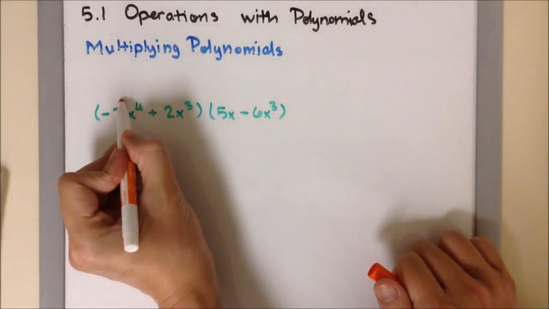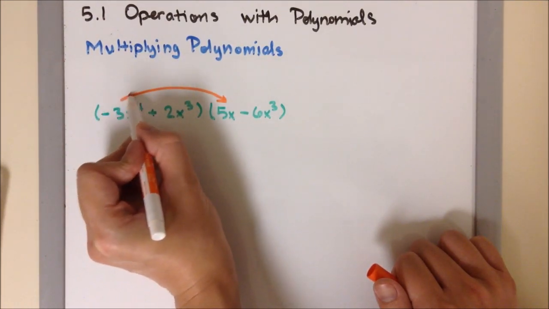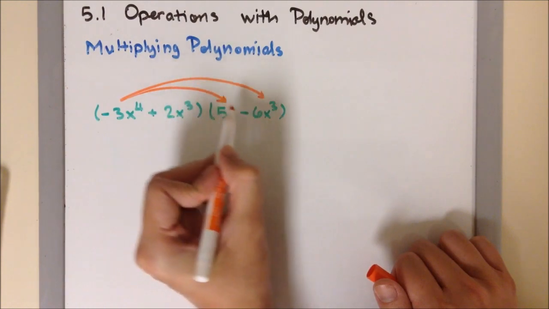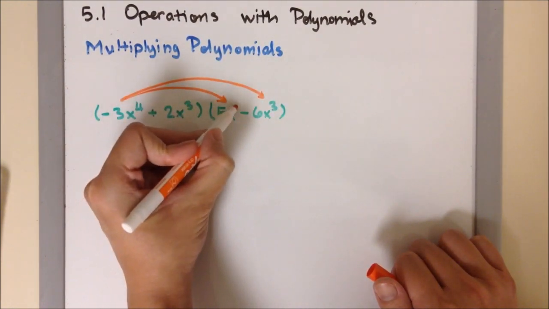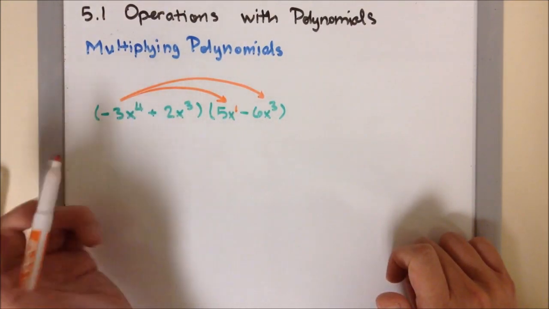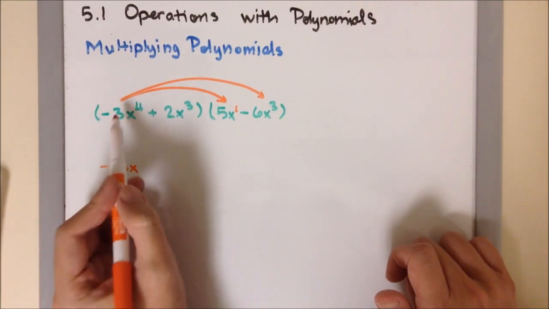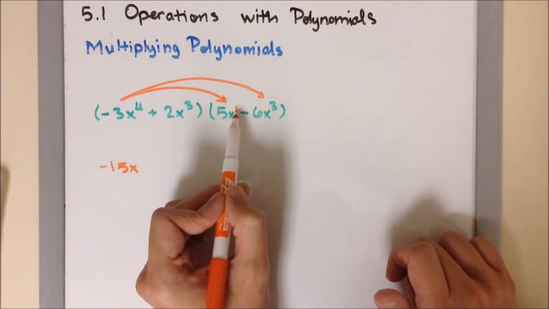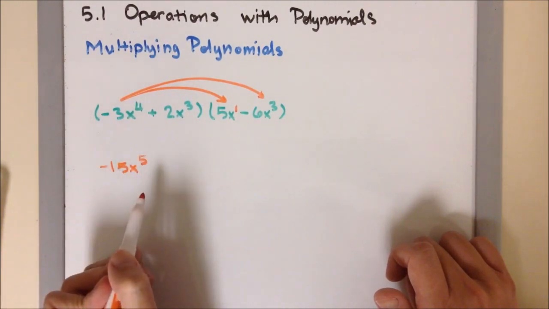So my negative 3x to the fourth is multiplying to 5x, and then my negative 3x to the fourth is multiplying to the minus 6x to the third. Now remember, on a 5x, I have the invisible 1 on the x. So when I'm multiplying the coefficient, it will be negative 15, and then my x to the fourth, multiply x to the 1, I'm going to add the exponent, so it's going to be x to the fifth.